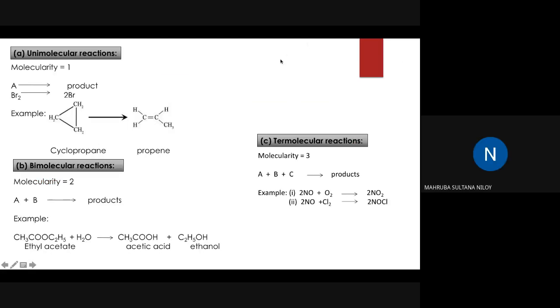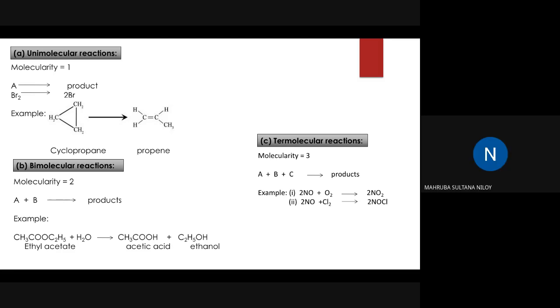Okay, so here you can see the examples. Can anyone discuss this unimolecular reaction? What happened here? The atoms of cyclopropene rearrange themselves to form propene. Yes. So here the number of reactants and products are the same.